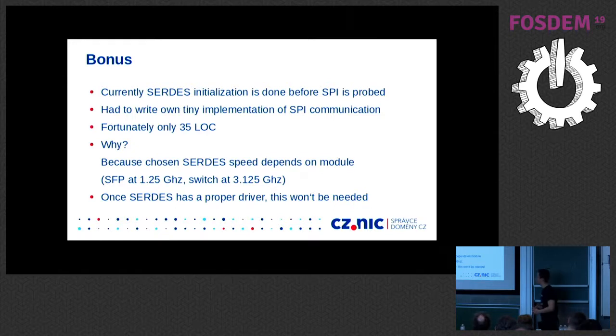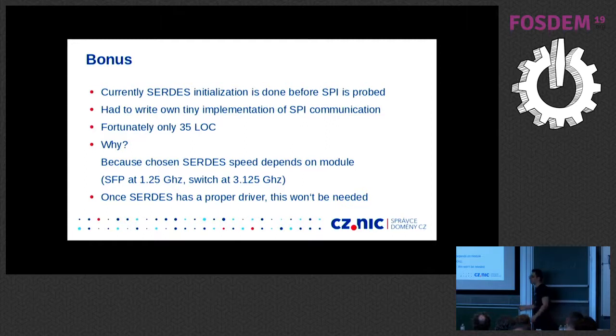For example, if an SFP module is connected, then the corresponding SERDES line has to be at 1 gigabit. But when a switch module is connected, the corresponding line has to be at 2.5 gigabits per second. And when the SERDES initialization is done before the SPI, then I cannot know which module is connected.